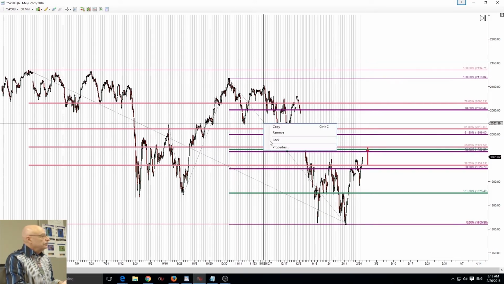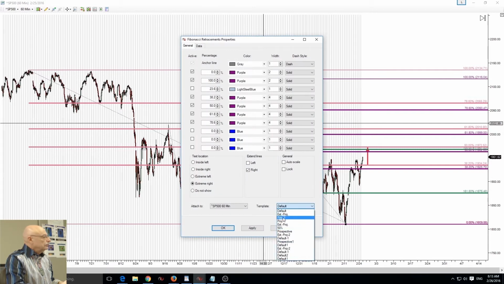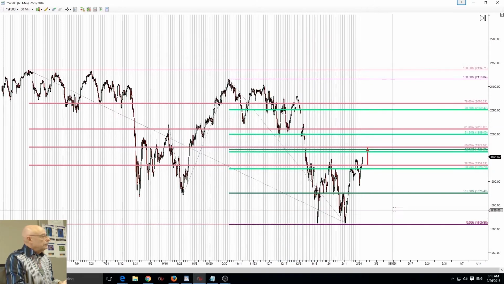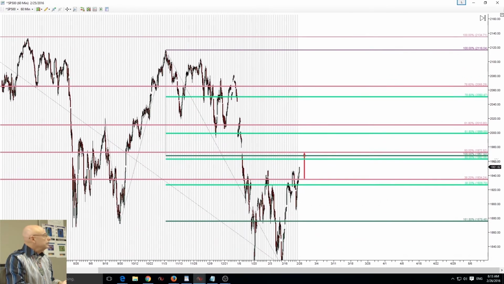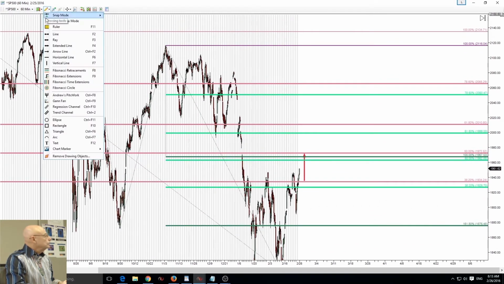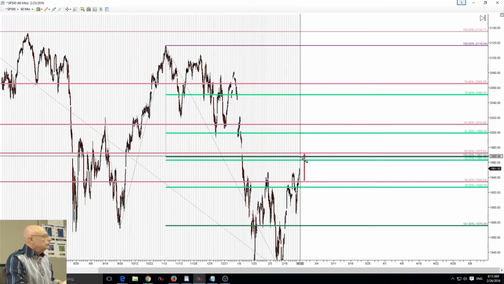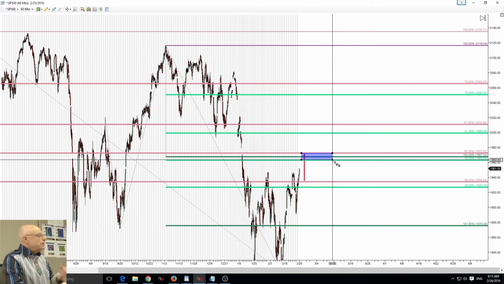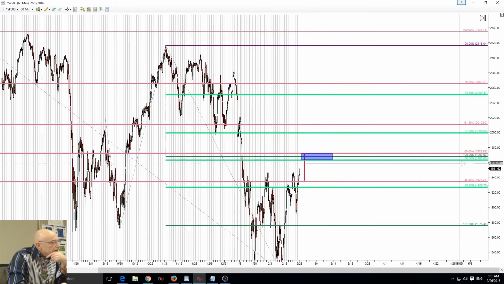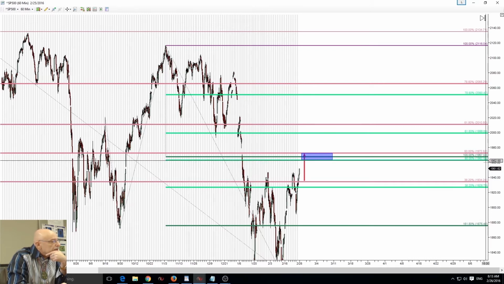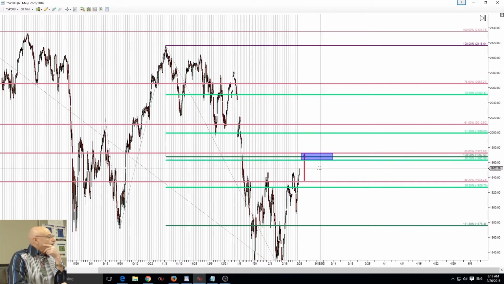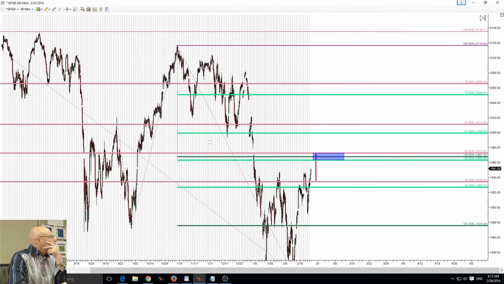Okay, let's again change colors. Okay, so what we see in here, we see in here big resistance level, 1962 to 1972, and we will go back into ES futures to see how it coincides with today's session.